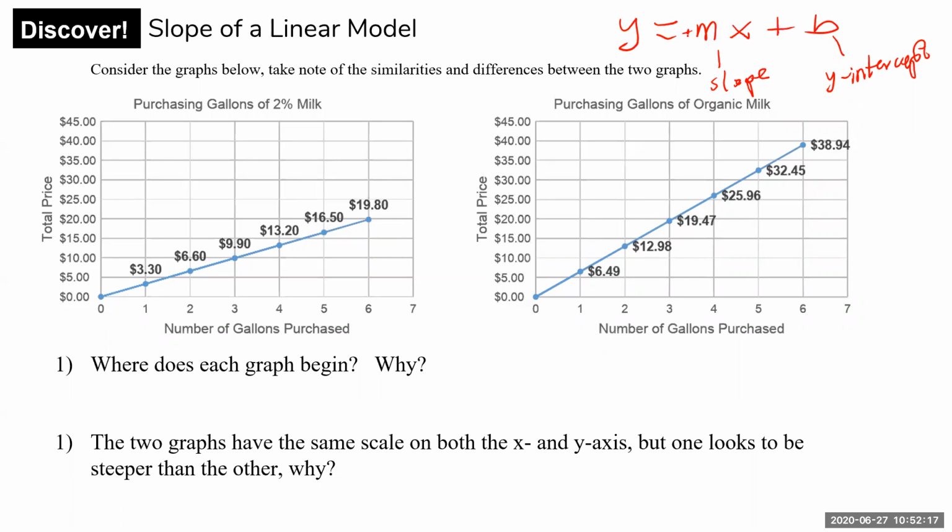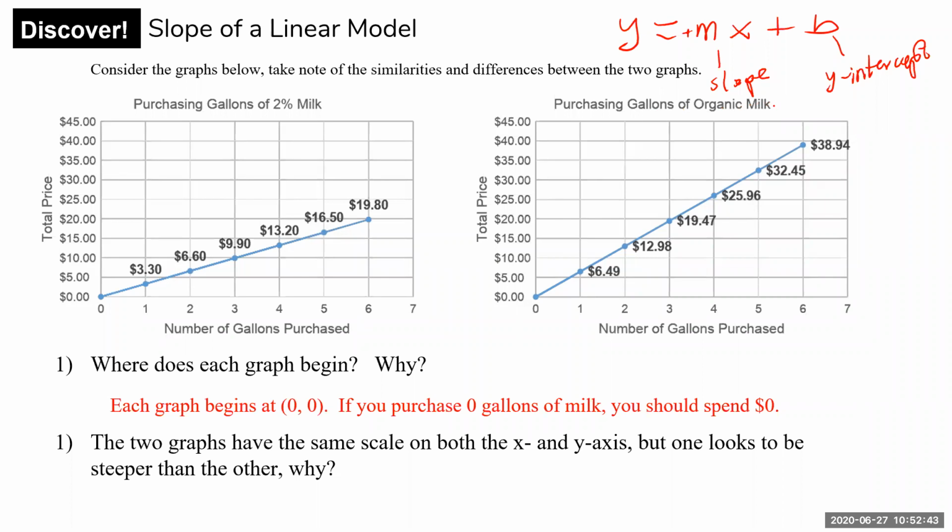We are going to go into details as to how we can look at the slope. The two graphs we have here show purchasing gallons of 2% milk, the total price versus the number of gallons purchased, and purchasing gallons of organic milk, the total price versus number of gallons purchased. Where does each graph begin? Each graph begins at 0, 0.